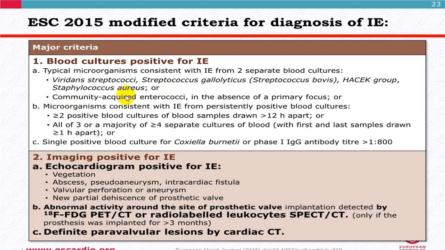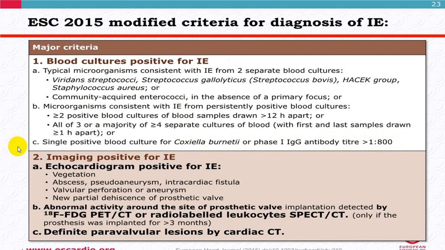In community acquired, you can have Enterococci in absence of a primary focus. Microorganisms were persistently positive in a blood culture, and a single positive blood culture for Coxiella burnetii was also taken, and antibody titer more than 1 in 800 was taken as positive. So this was the major criteria.